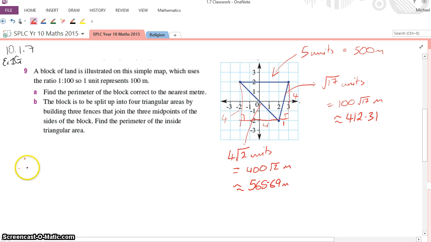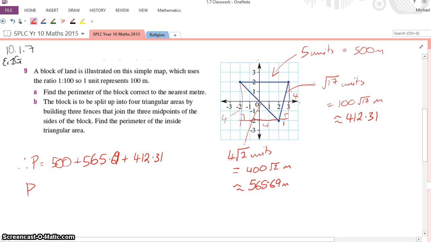So to find the perimeter, I simply add those together. 500 plus 565.69 plus 412.31. 1465, 1477, 1478, something like that.